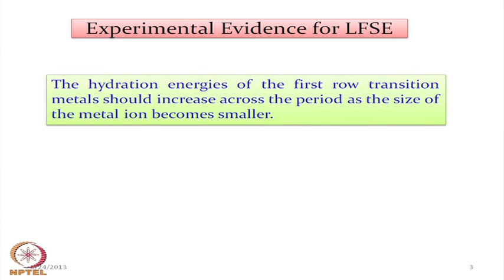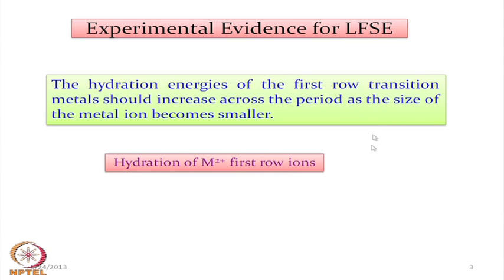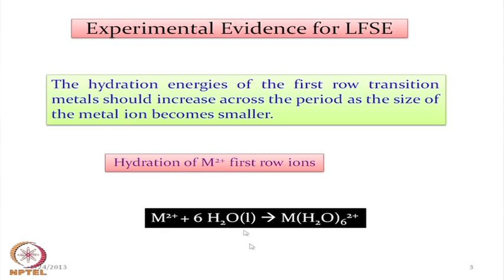So, this basically is related to the corresponding size of these metal ions, and we will be seeing the corresponding hydration of M2+ first row ions, when M2+ reacts with H2O giving [M(H2O)6]2+.